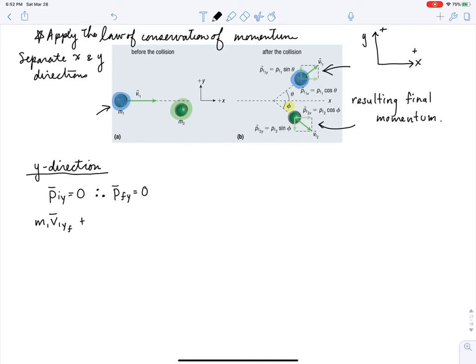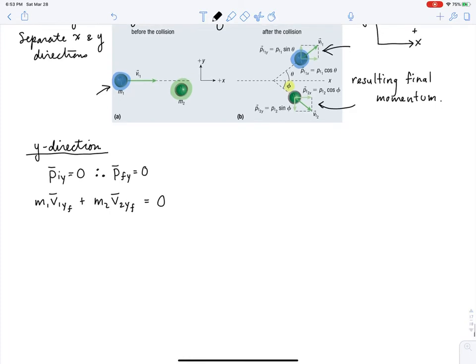If we add this to the component of momentum in the y direction for the second object, these two should add up to 0, because we know that the final momentum in the y direction must equal 0. So we're going to start to use this information to start solving this problem.